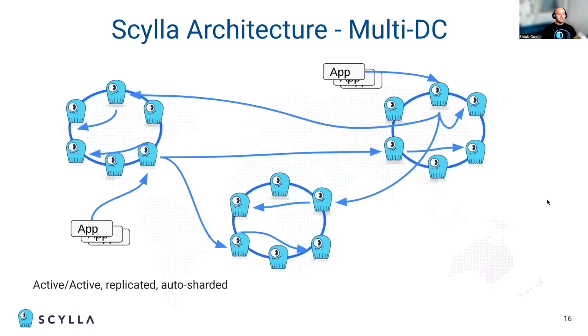Okay, I mentioned high availability and multi-data center, but I didn't really talk about that. ScyllaDB is built to be topology aware, and it can run on multiple data centers. The database knows about the topology of the deployment.